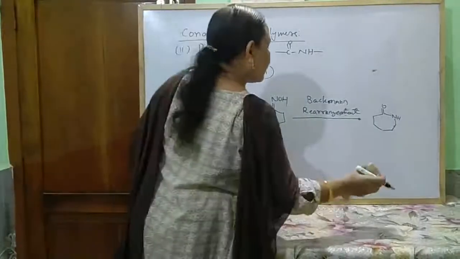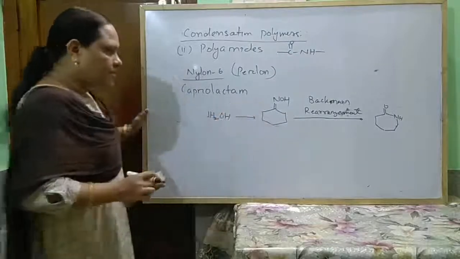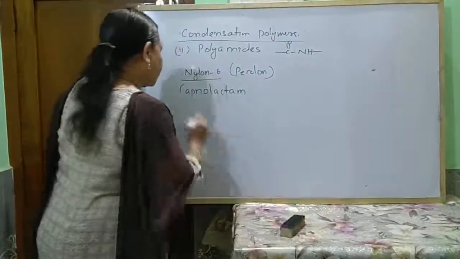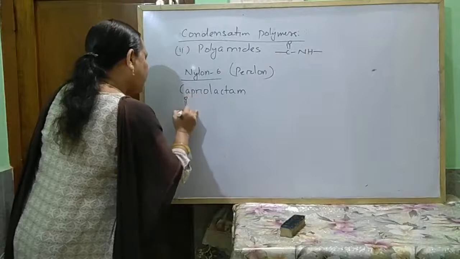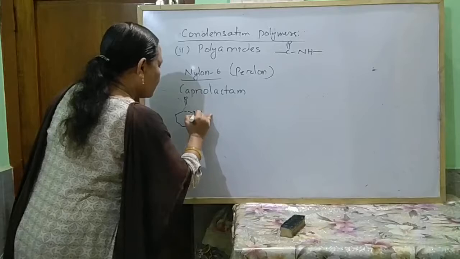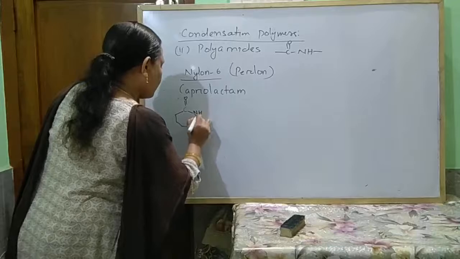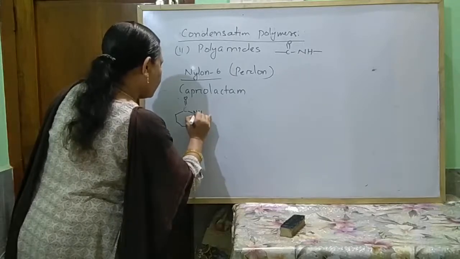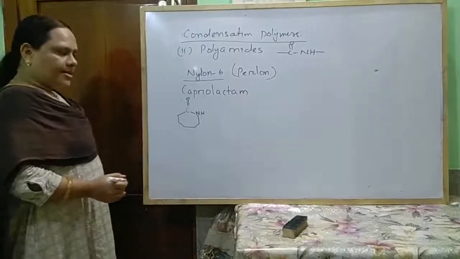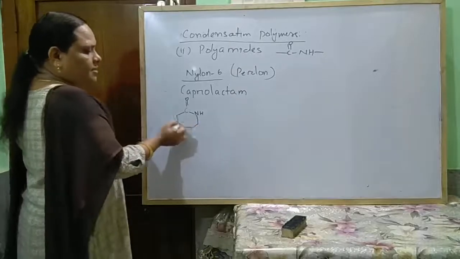And this caprolactam undergoes hydrolysis. Actually cyclic amides are known as lactams, and there are 6 carbon atoms.